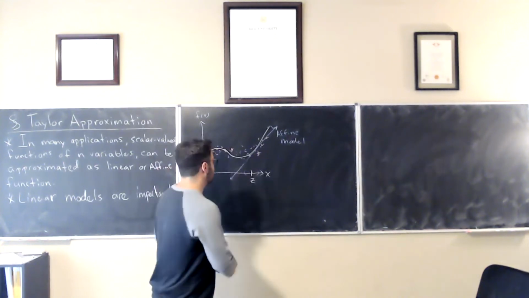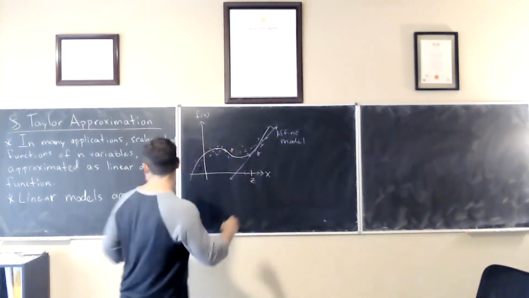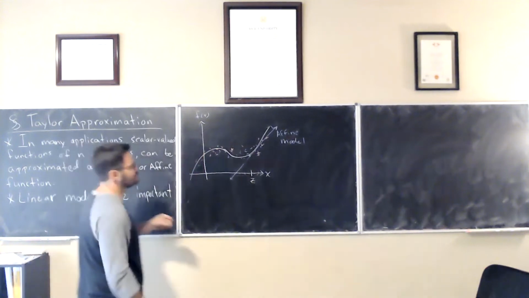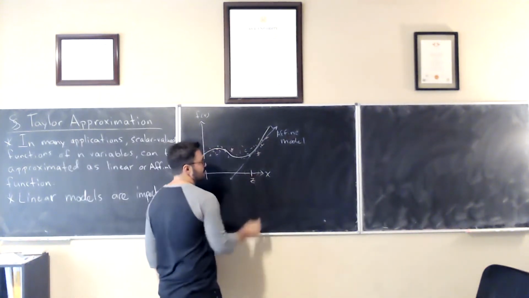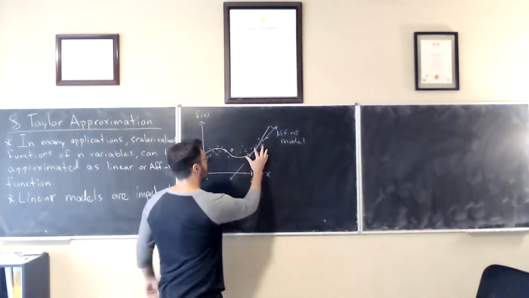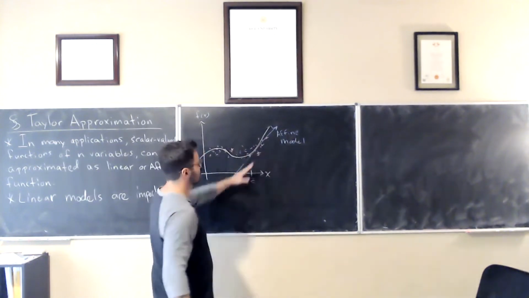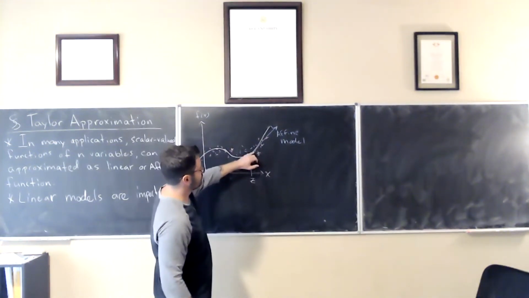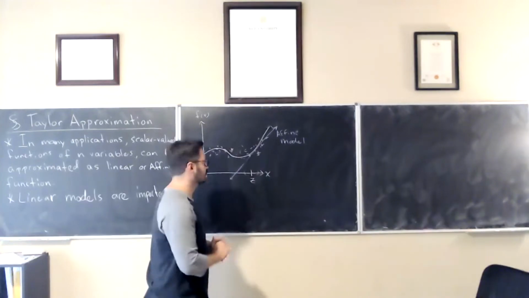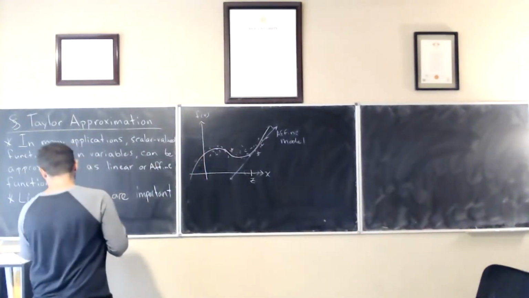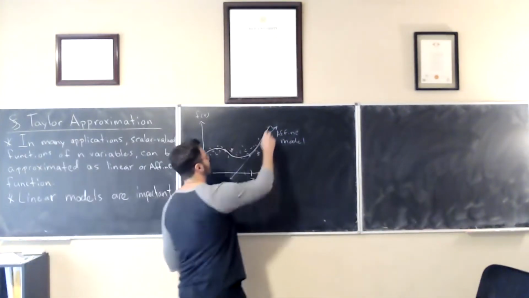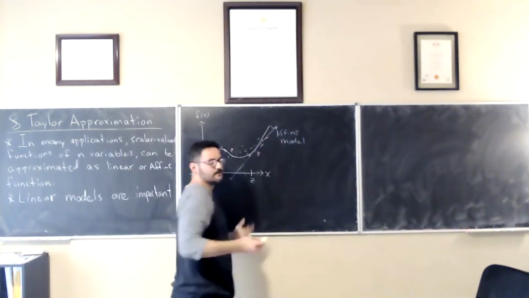Even if it wasn't that great, the closer we are around z, the more likely it is that we're going to be tight around the model and the actual function, which in many cases is not known.